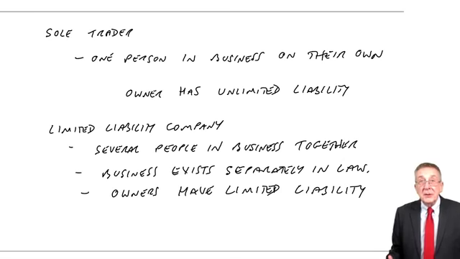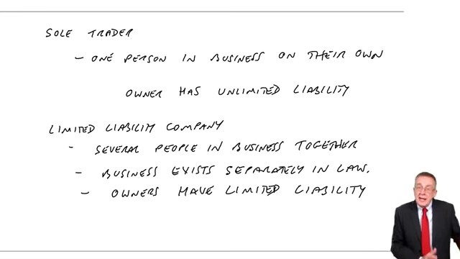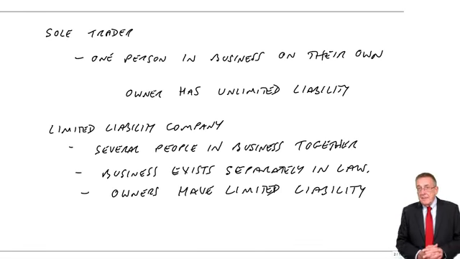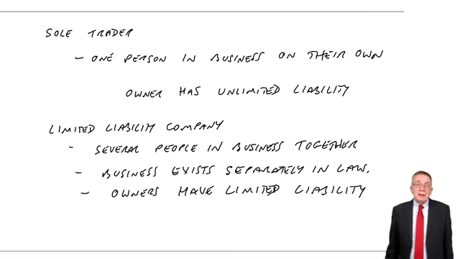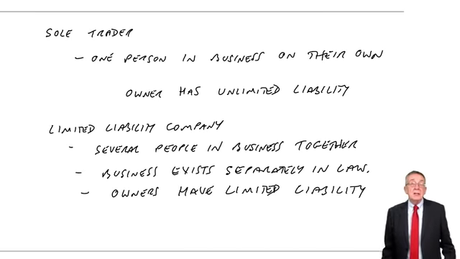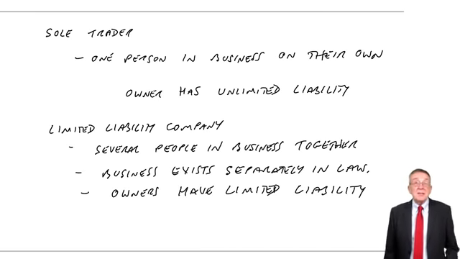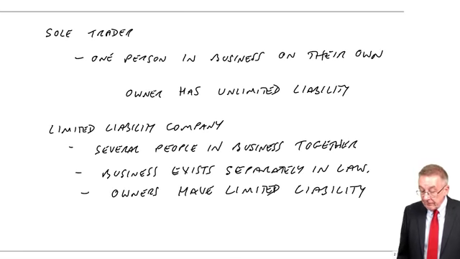The most I can lose is the money that I've put into the business. So if I put in $100 as my share of the money the business needed, then fine, that's the most I can lose, even if the business collapses owing millions.